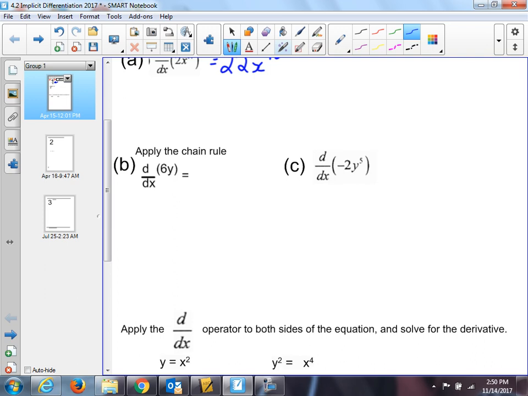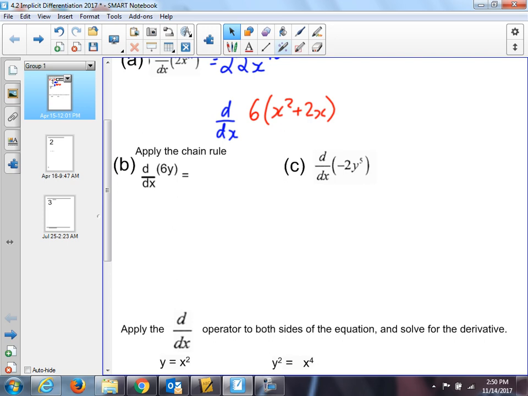What if this was d by dx of, and I said it was 6, and then x squared plus 2x. If I said this, right? Well, I'll keep it as this.